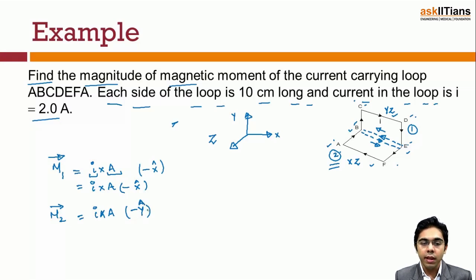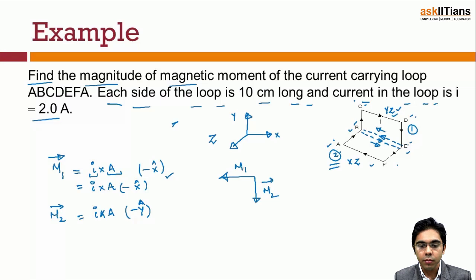Have you noticed one thing, that if your loop is lying in the plane YZ, the direction of magnetic moment comes out to be along the third axis, minus x cap or x cap. You have to check this, but it comes out to be perpendicular to that loop. Therefore M2 will come out to be minus y cap.